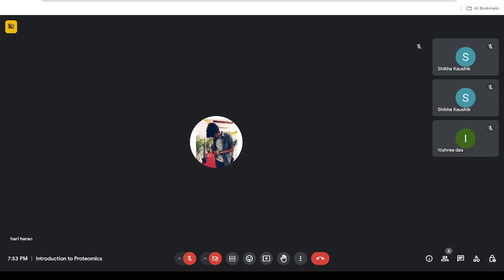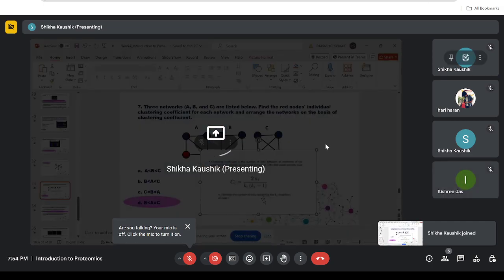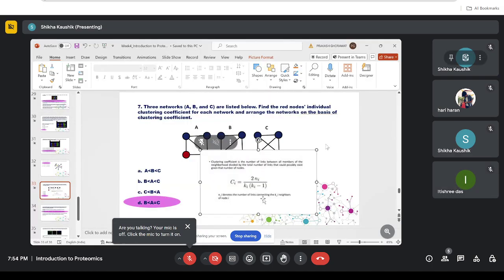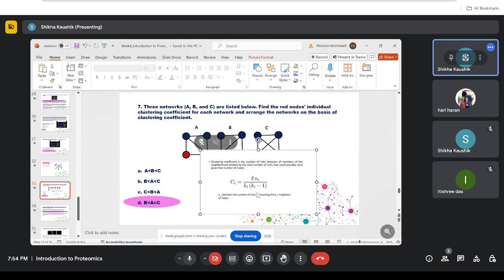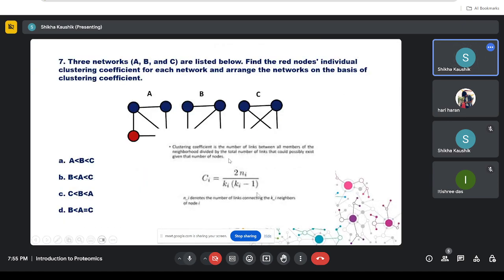Can you see the screen? Is it visible to you? Yes, ma'am, the formula. So what happened here is, wait a minute. Okay, it's not a very clear picture, but I think you can see that.